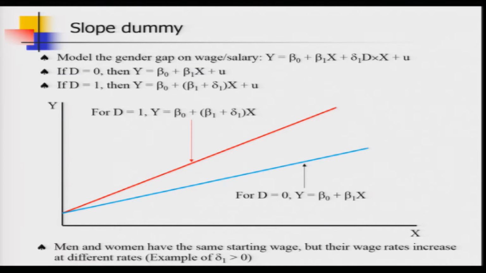To represent graphically what is happening, let us assume that delta 1 is positive. What does that mean? It means that the slope coefficient, which measures the marginal effect of x, the continuous regressor, is higher for the male group compared to their female counterparts.